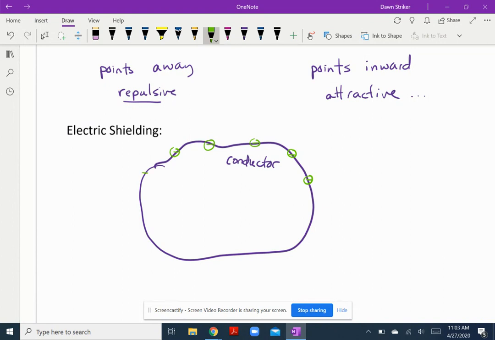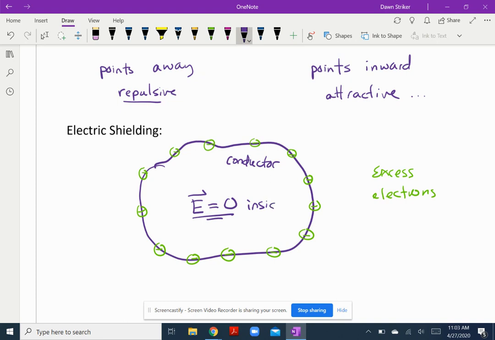So if I dump a lot of excess negative charge on this conducting blob, all of those excess electrons are not going to reside in the middle, because they want to get as far away from each other as they possibly can. So they reside at the very outside surface, at the very edge. And that means something important. That means that the electric field is exactly equal to 0 inside a conductor.